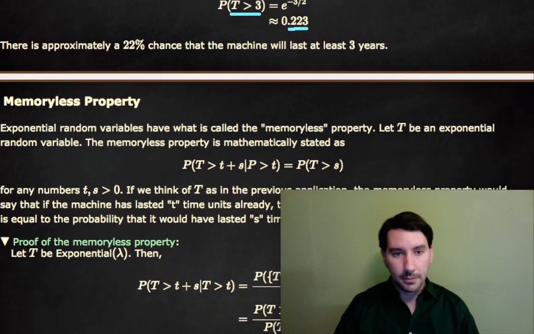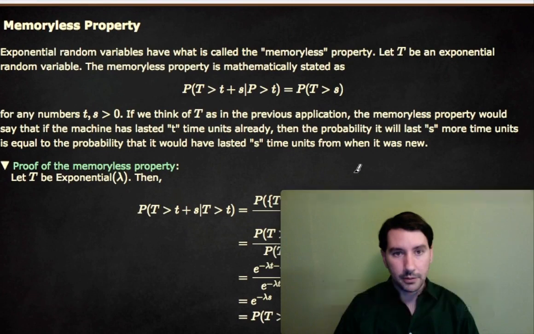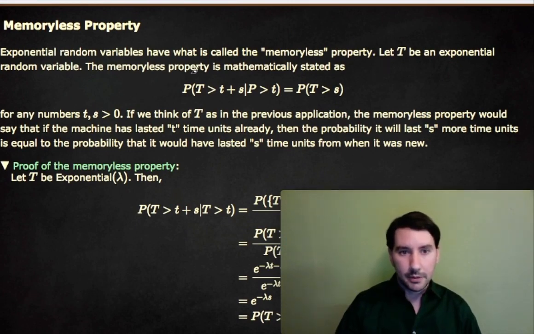There's an interesting property of exponential random variables called the memoryless property. So if T is an exponential random variable, the memoryless property states that the probability T is bigger than little t plus little s, given that T is bigger than little t, is equal to the probability T is bigger than little s.